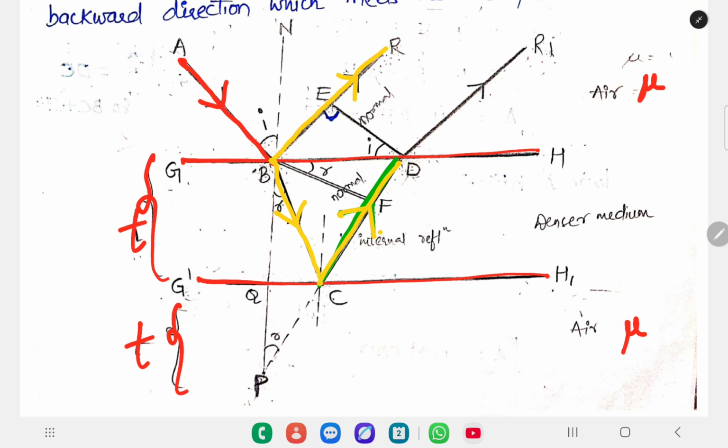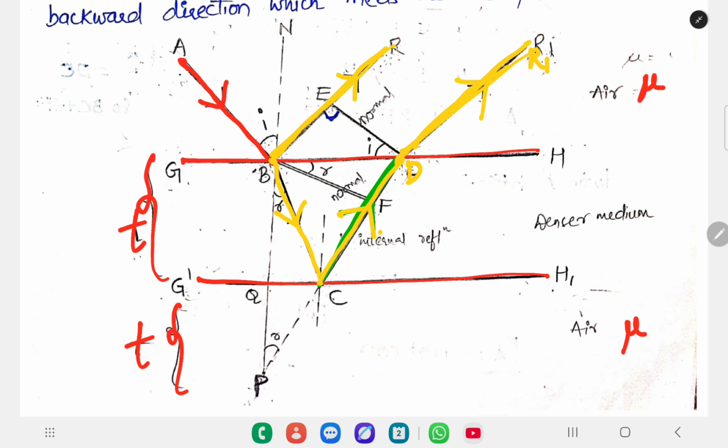After refraction at D, the ray finally emerges out along DR1, emerging out from the surface. So obviously DR1 is parallel to BR. These two are parallel lines.